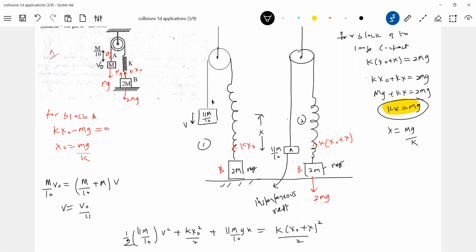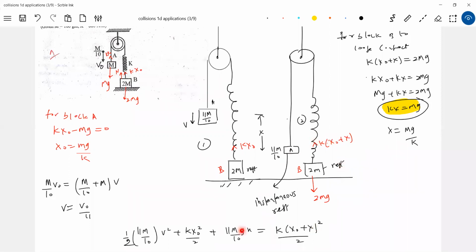So writing this equation: the kinetic energy of the block A plus elastic potential energy of spring plus decrease in gravitational potential energy got converted, finally equal to elastic potential energy of the spring. Or kx naught square by 2 you can send down to RHS. Then decrease in kinetic energy of block A and decrease in gravitational potential energy of block A should be equal to increase in elastic potential energy of spring.